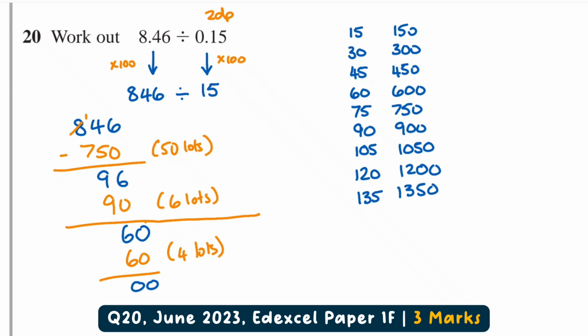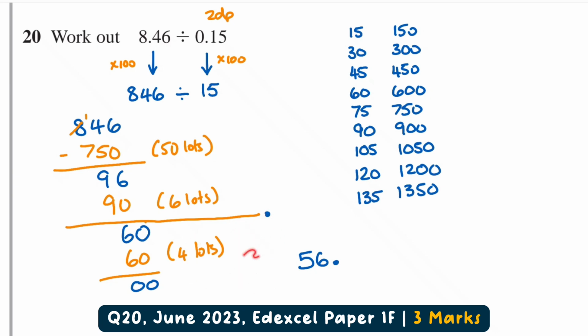Now, to get our final answer, we need to add all the chunks before the horizontal line. So this is the horizontal line here. So we're going to add these chunks here. So that's 50 plus 6. So that's going to be 56. And then we come to the decimal point, which is where the horizontal line is. So I'm going to put the decimal point here. And then whichever numbers we've got after the decimal point, you literally just list them in that order.